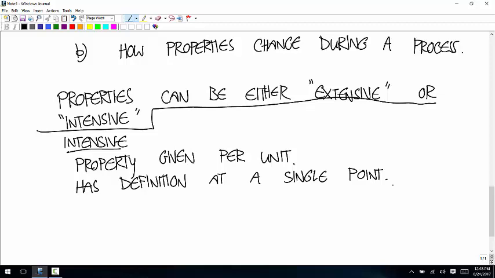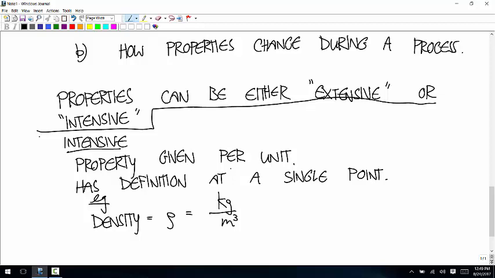So some examples are density rho, which has units of kilograms per meters cubed. So this is given per unit because it's a measure of mass for every unit of volume. And you can have the density of a material vary continuously as you go from one spot to another. Okay, so it's defined at a single instant.